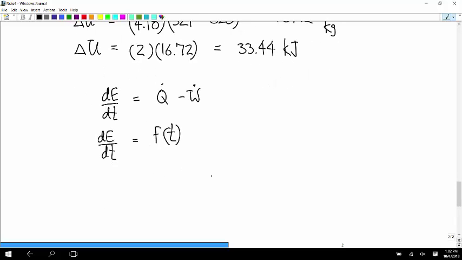Then we have dE is equal to f of t, and then we integrate that. And yes, what we're always asked for in problems like that is the change in the energy or the change in the internal energy.